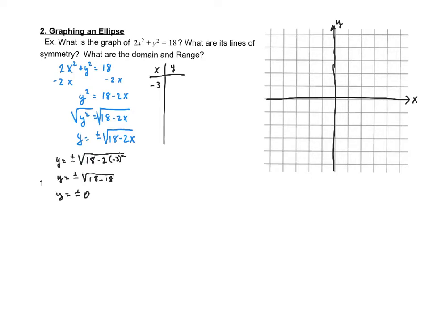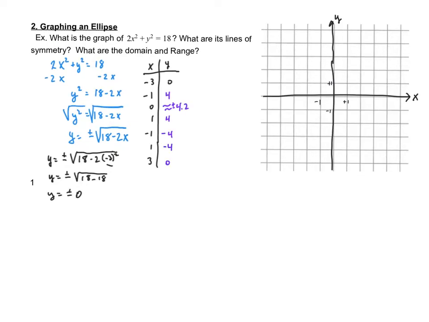Okay, doing my inverse operations, I substituted in -3 for x, and when x is -3, y is going to be 0. And that's how I'm going to do the rest of these. So let's just go ahead and plug in some values. I'm going to have -1, 0, 1, and 3, and we'll see how this goes.